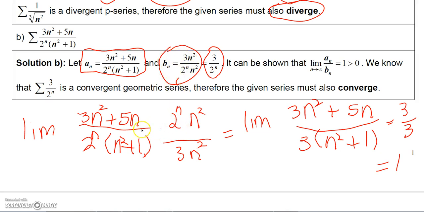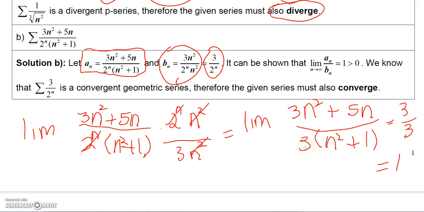So if you look down here, you'll see I've taken the first term and then inverted the second term, and so I get 2 to the n times n squared over 3n squared, and probably didn't even have to write the n squareds. But then notice that the 2 to the n cancel, and so if I take the limit of this as n goes to infinity, I end up with 3n squared plus 5n in the numerator, and in the denominator, I end up with 3 times n squared plus 1.